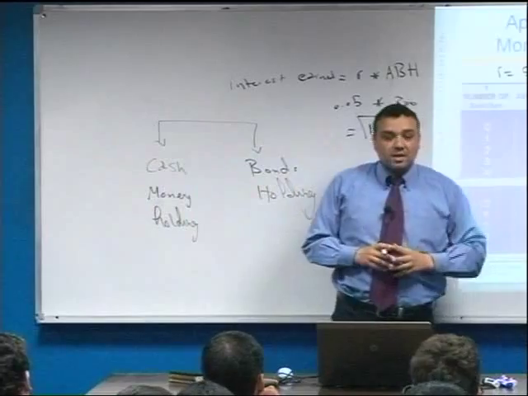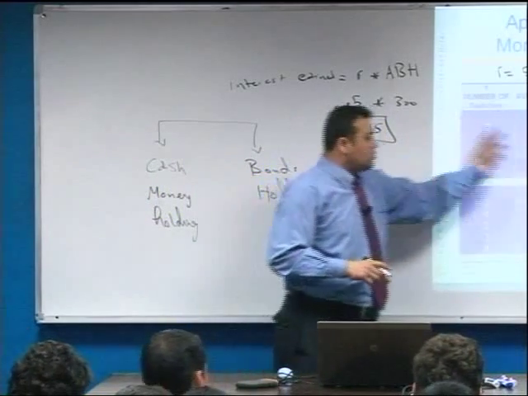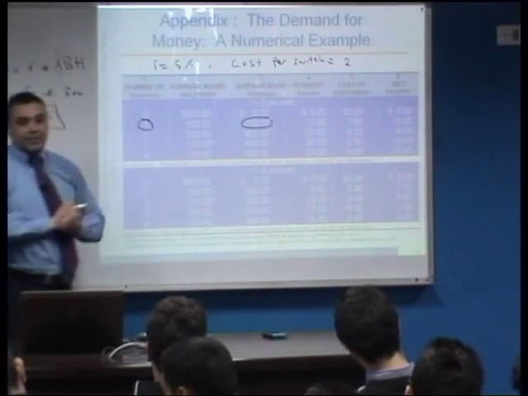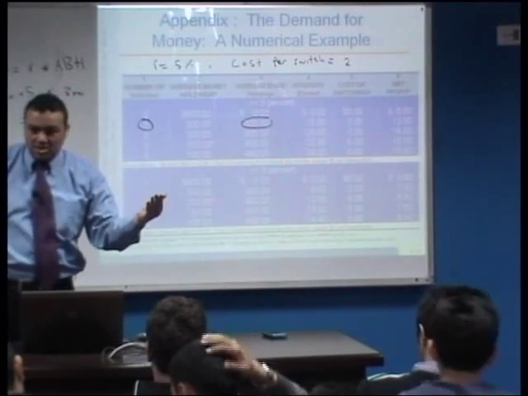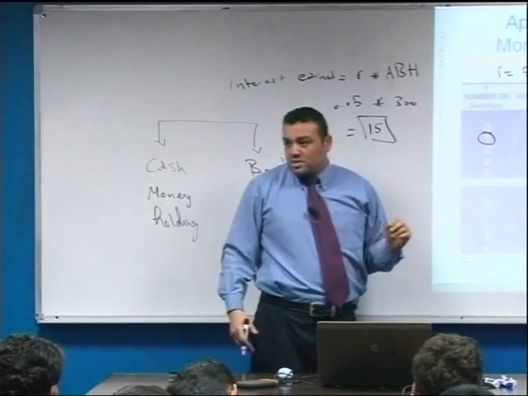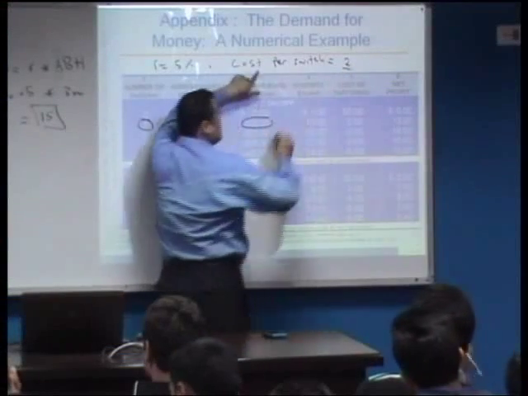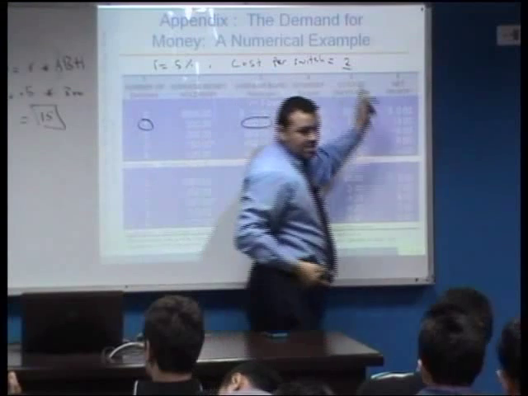Now suppose that the household decided to sell this $300 in one switch, one time, from bonds to cash. So he has to pay $2, because the cost per switch from bond to money equals 2.